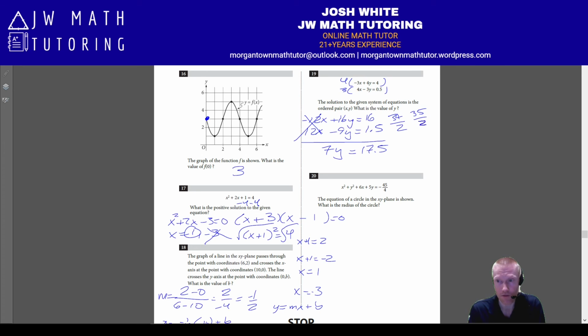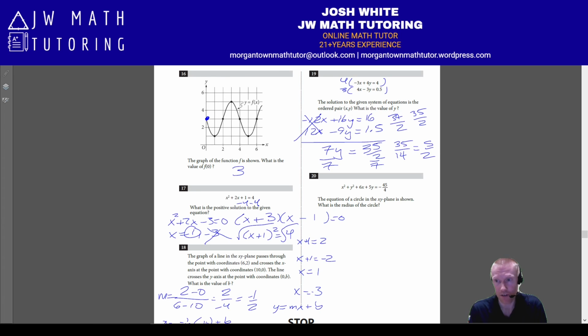It's going to be 35 over 2. So I'm going to turn this into 35 over 2, because now when I divide both sides by 7, this becomes 35 over 14, and now you can just essentially divide out a common factor of 7.